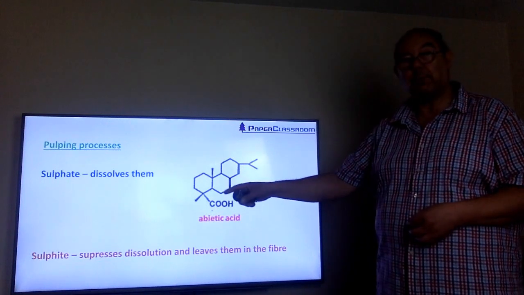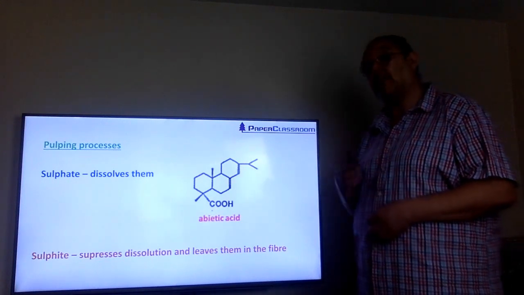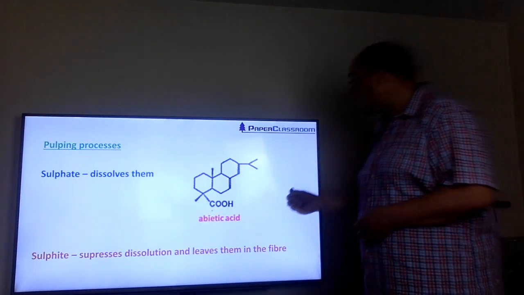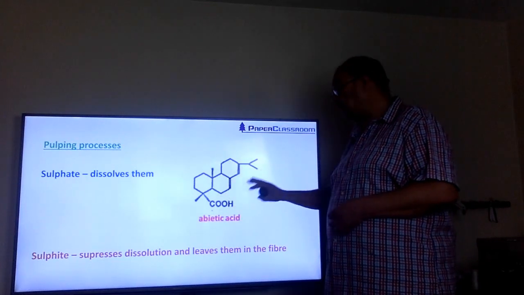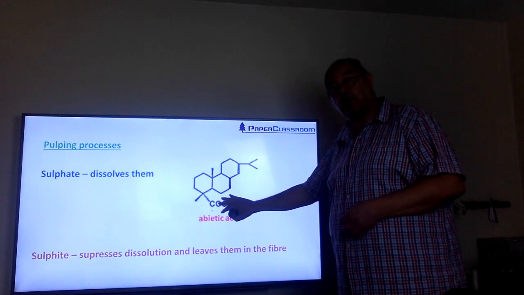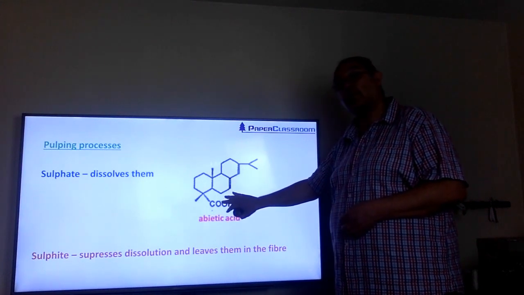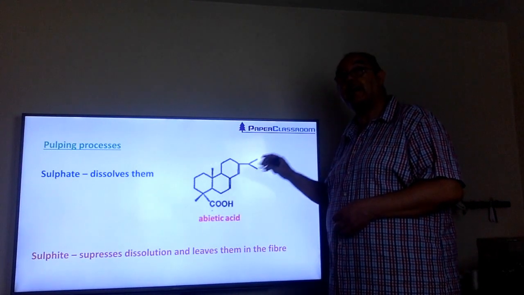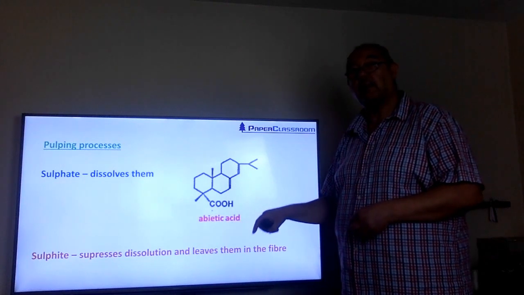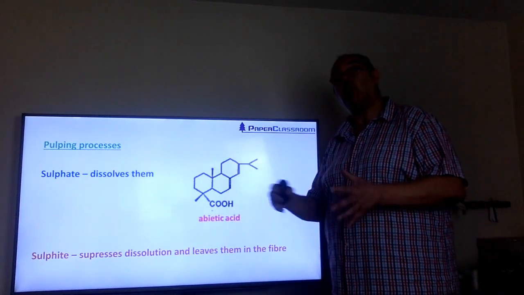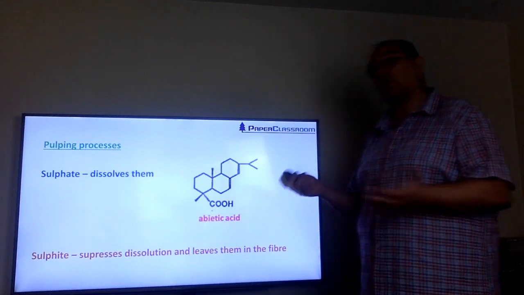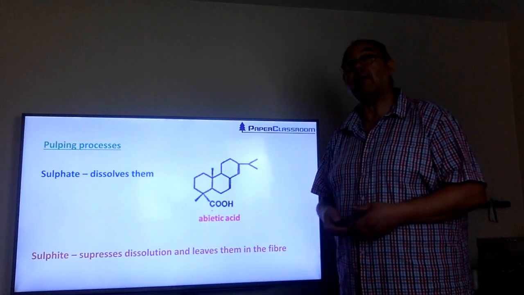But the sulfite process is an acid process. The acid process will not encourage this to dissolve, it will actually suppress its solubility and keep it insoluble, so it will keep it there in the fibre, and therefore it will come out later, probably in your process. And this is where we talk about natural pitch.